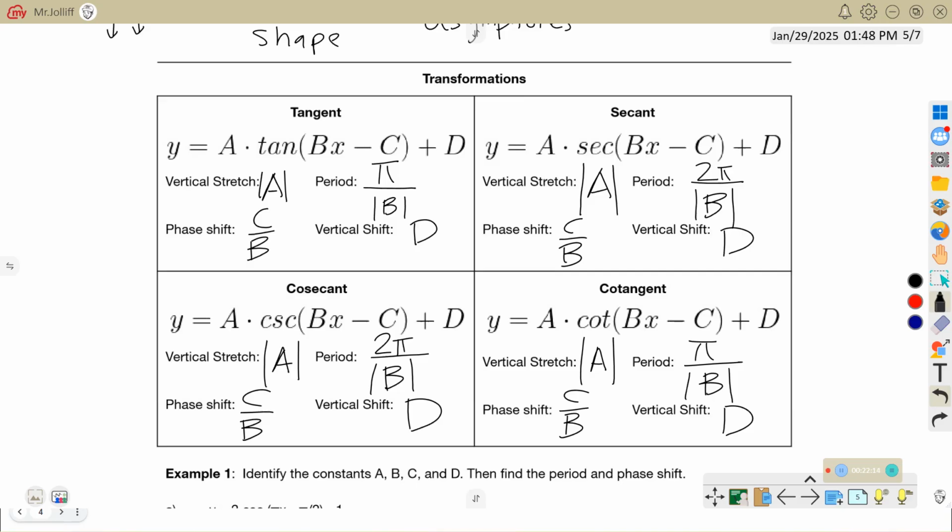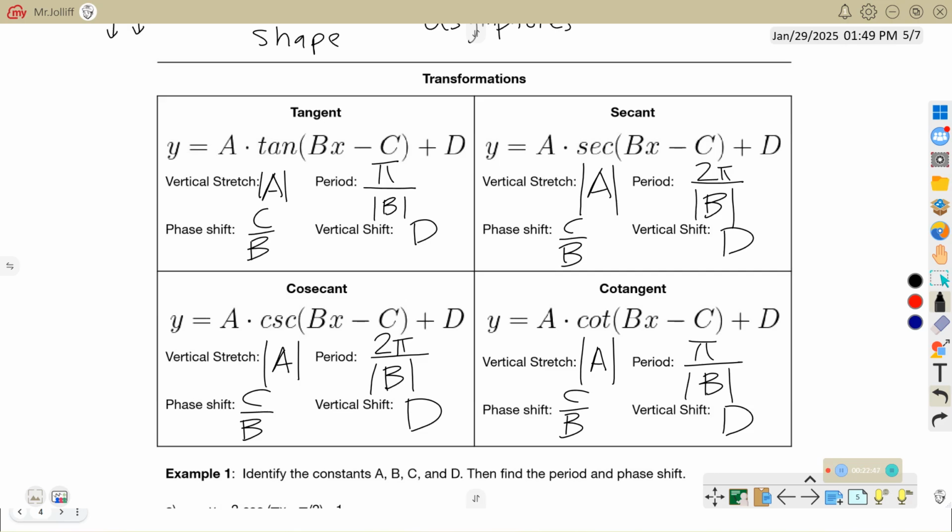That looks mostly familiar. Now comes the tricky part, which is what happens to the asymptotes. The problem is the asymptotes get affected twice. They get shifted along the x-axis by the phase shift, and they get separated or squished together by the period. So we have to look at both in order to find our asymptotes.